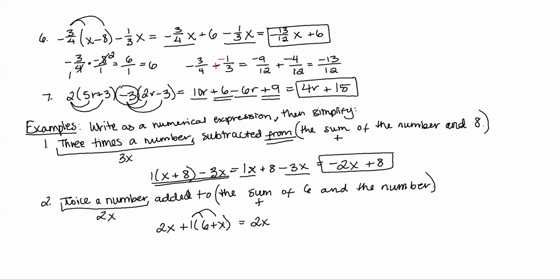But multiplying by 1 doesn't change a number, and remember that's one of our identity properties. So 1 times 6 is still positive 6, so plus 6. And 1 times x is still x, so plus x. Or if you want to put 1x, you can. And now combining, 2x plus 1x gives us 3x plus 6.